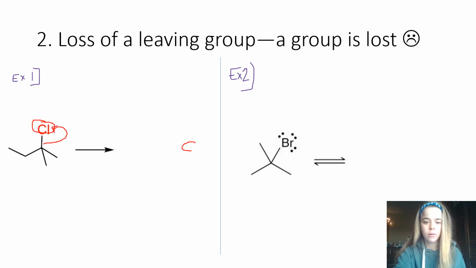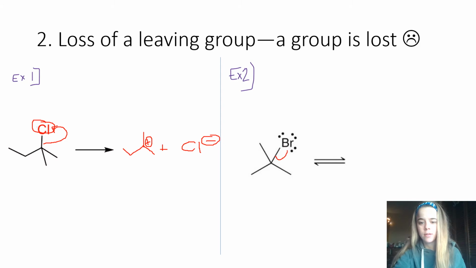This will leave chlorine by its lonesome, and it will be negatively charged, and this will then form a positively charged carbon, or a carbocation, because again, carbon's only bonded to 3 bonds instead of 4, which gets that positively charged nucleus there. And in this next example, we will show the same thing.